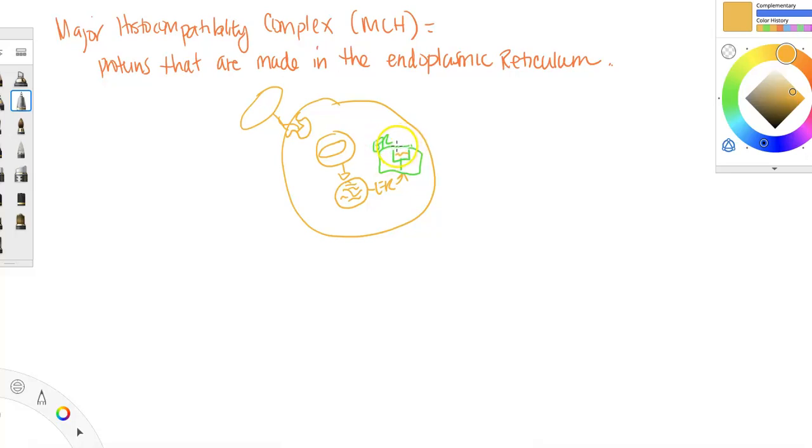Once it's matched up in the endoplasmic reticulum, then it goes to the Golgi, but eventually it goes to the plasma membrane, where it's embedded in the vesicle coming from the endoplasmic reticulum, and then it is exocytosed to the plasma membrane where it is embedded there.